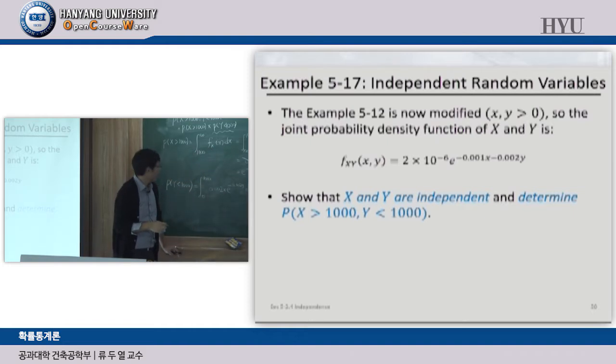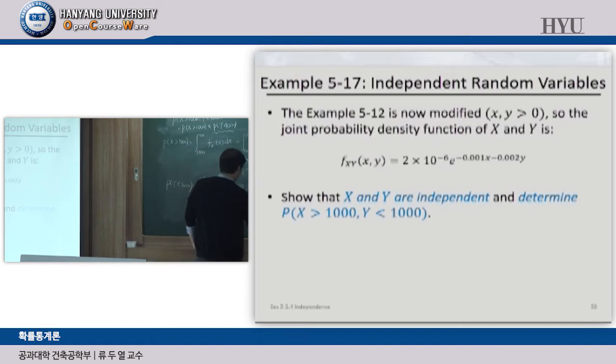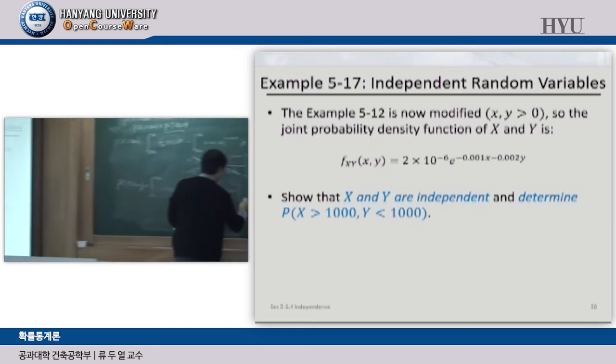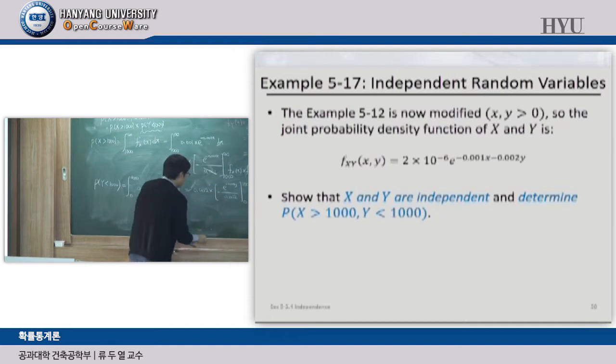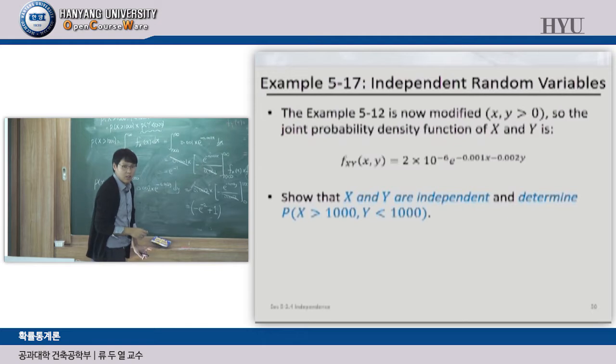Okay? And this is equal to 0.002 times minus exponential minus 0.002y over 0.002 from 0 to 1000. This can be eliminated first. And this is equal to minus exponential minus 2 plus 1. Okay?